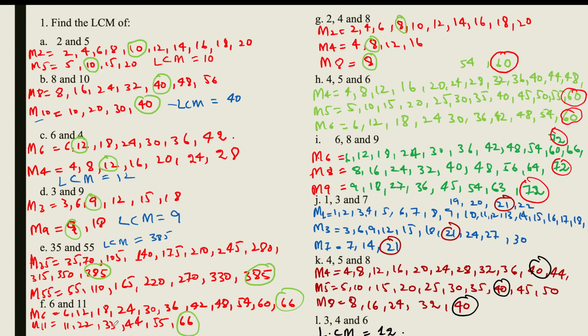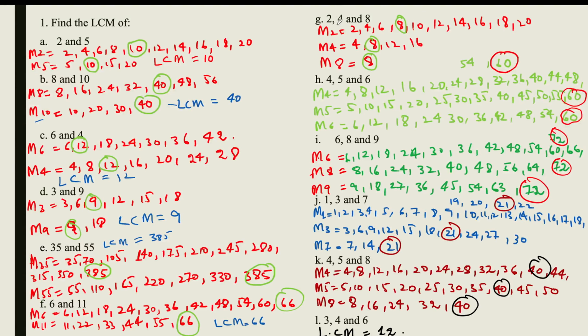We keep expressing them till we find a common one. Sometimes you write the first 5 multiples for 6 and for 11, and still don't find any common one, so you keep on going further. So the lowest common multiple between 6 and 11 is 66.